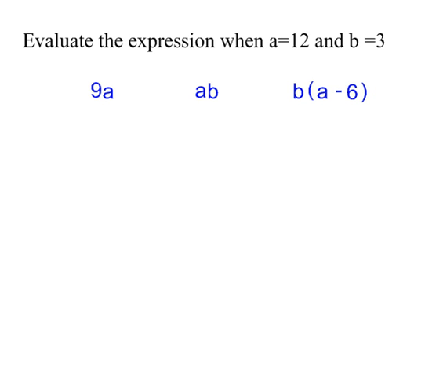All right, so we've got 3 problems to go over, and these are out of your textbook. This is page 14 if you want to follow along with the textbook. And the problem says evaluate the expression when a is equal to 12 and when b is equal to 3. Well, evaluate means to solve. And so let's look at this first one right here. If we have 9a, and when there's no operation in between, we can assume that the operation is multiplication.